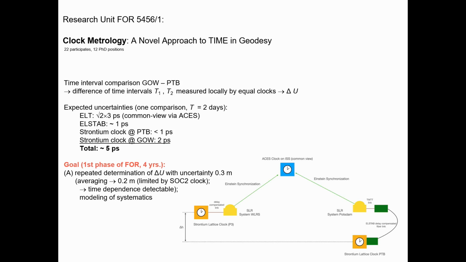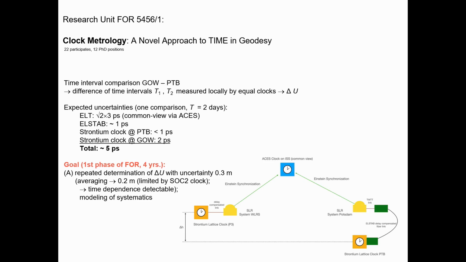So at the end, I would like to acknowledge a new research unit which was submitted by 22 colleagues. We prepared with the head of this research unit, Ulrich Schreiber, a working program for a research unit, call it clock methodology and novel approach to time in geodesy.